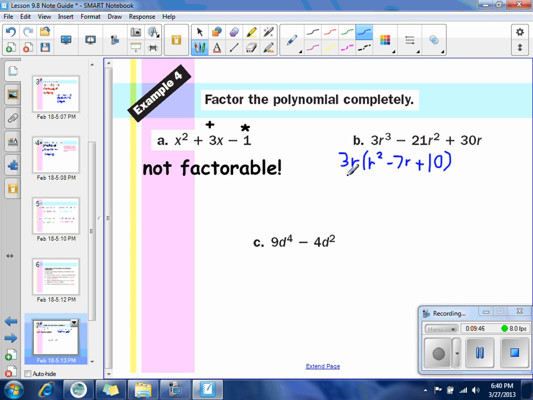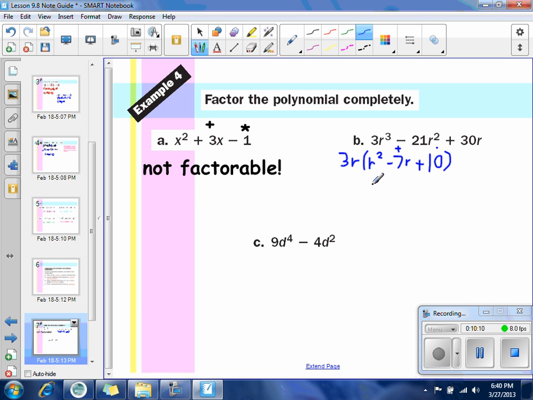All right, well, now I've got this whole trinomial in here. I've got to do the process all over again. I can't divide everything by the same thing. And this is an a squared, but I don't have the b squared, so it's not a perfect square trinomial. So let's go to the next option. This is r squared with no number in front of it. So can I multiply something to get 10, but add to get -7?